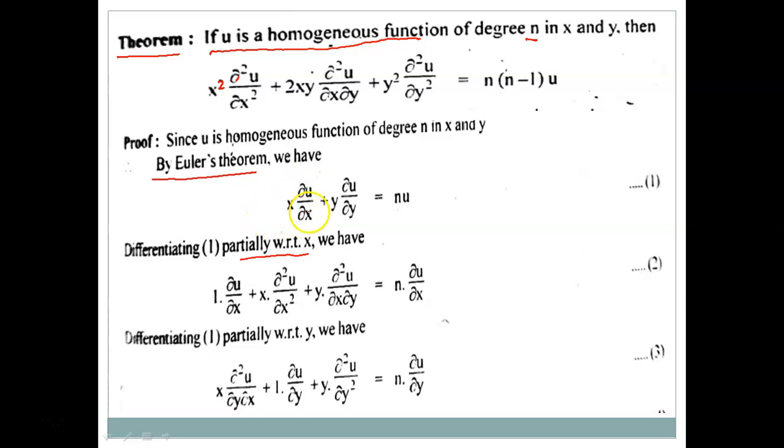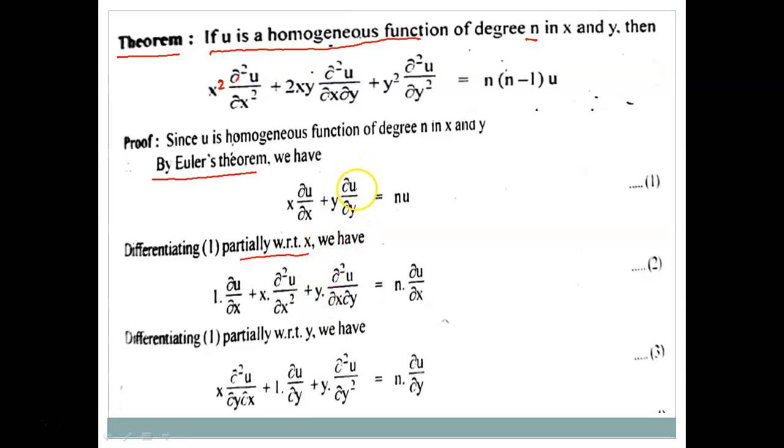Again in this part we can apply the product rule. The derivative of first with respect to x gives you 1, and the second remains as such. Now you keep the first as such, x, dot the partial derivative of this with respect to x. It gives you del square u over del x square, in fact the second order partial derivative. Now here we cannot apply the product rule because here y will be treated as constant, so we keep it as such.